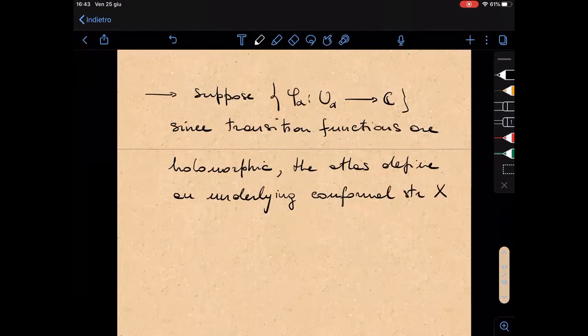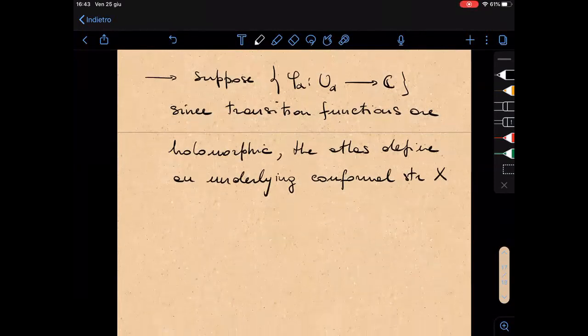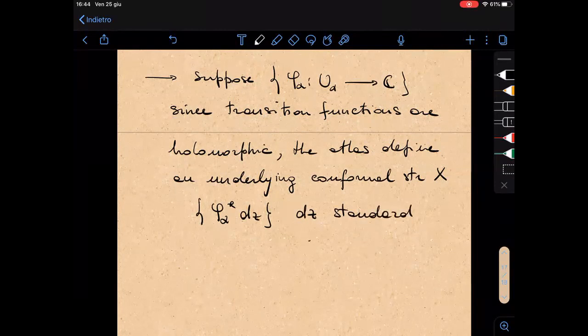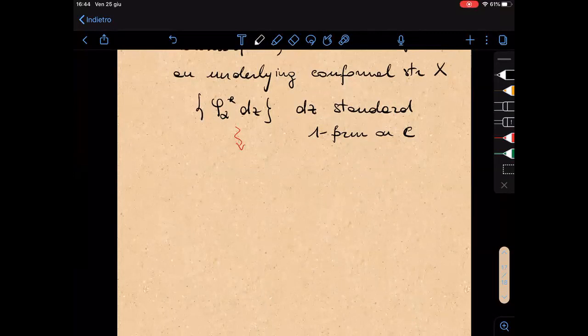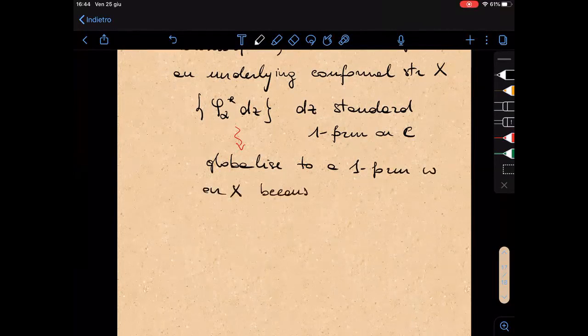And now we use the charts for defining the Abelian one-form, the Abelian differential, in the sense that we can define this family phi alpha pullback of dz, where dz is just the standard one-form on C. And this family globalizes to a one-form omega on X, because transition functions are translations.